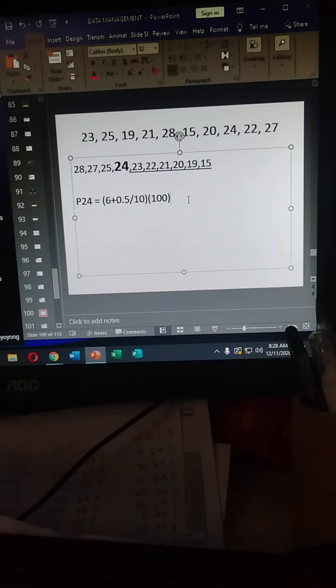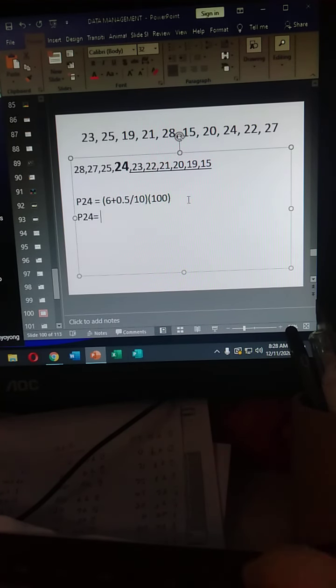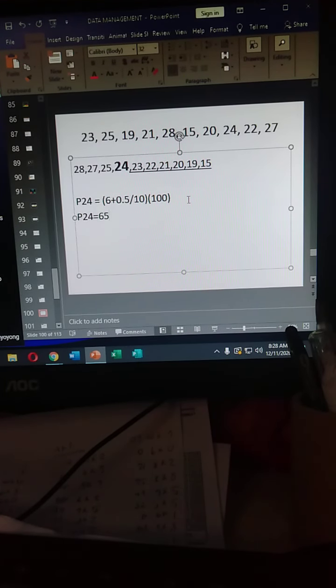So, calculate na natin. We have 6 plus 0.5 is equal to 6.5 divided by 10 times 100. We got a score of 65. So, our P24 is equal to 65. So, the percentile rank of 24 is 65.